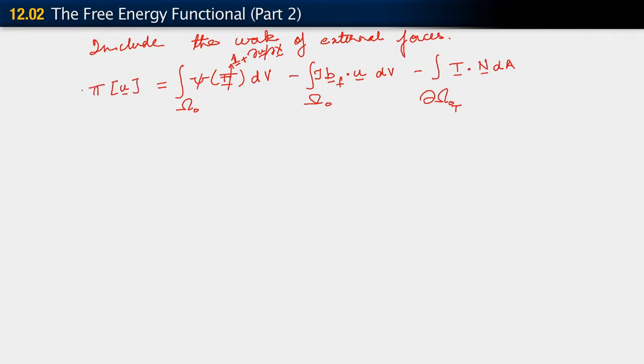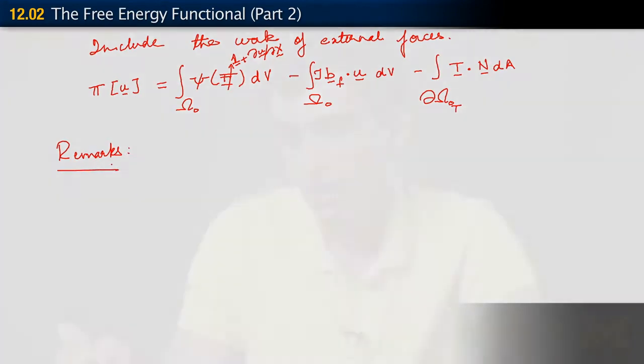I'm going to use the same symbol pi for it as we did before. There are some things I need to say about this energy we've written. Let me say that in a few remarks. What we've written here is another version of a thermodynamic potential. We first saw a thermodynamic potential, the Helmholtz potential, when we studied thermomechanics.